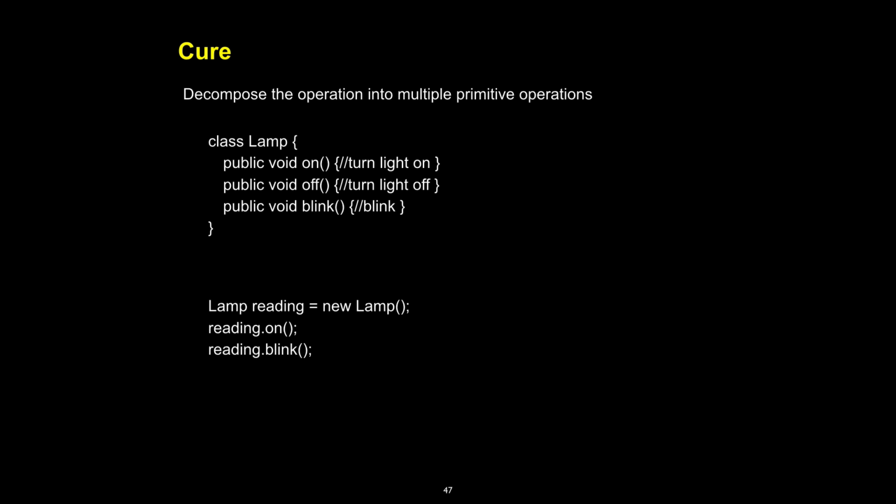So now it's on, blink, and you might even add a toggle: if it's on, turn it off; if it's off, turn it on, etc. So that gets rid of that hidden coupling between the internal workings and the outside having to know what -1 does. Don't know, right?